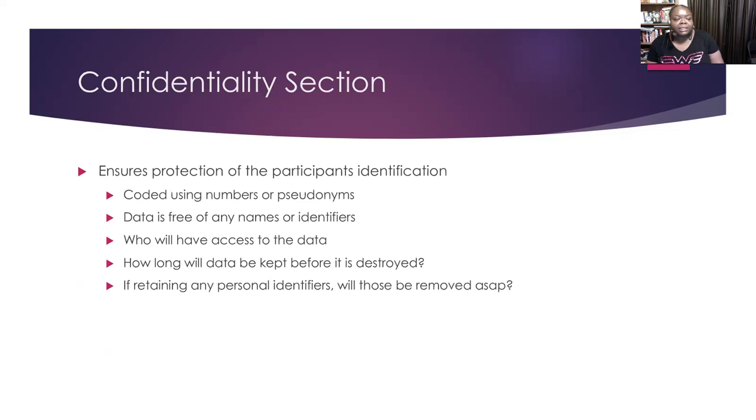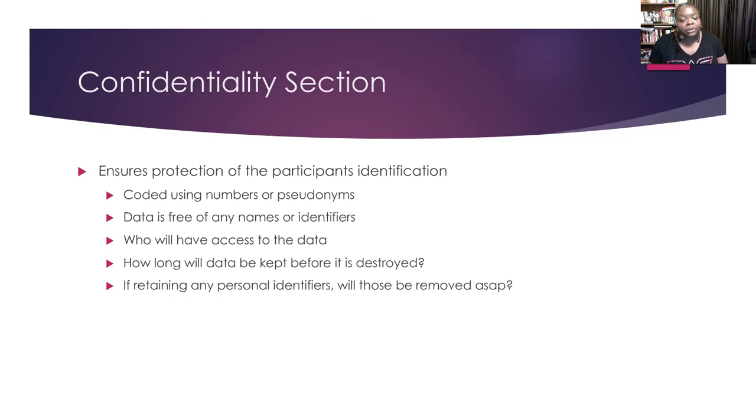The second section that I was focusing on is the confidentiality section. Any research project, because you are using a person's information, should be confidential. It just ensures that the participant's identification is protected. Examples would be using coded participant identifications instead of using their name.